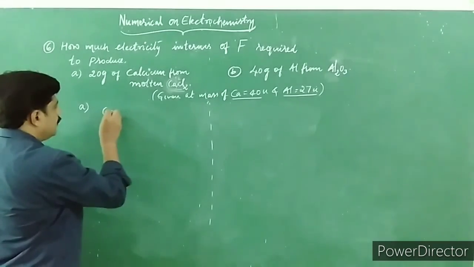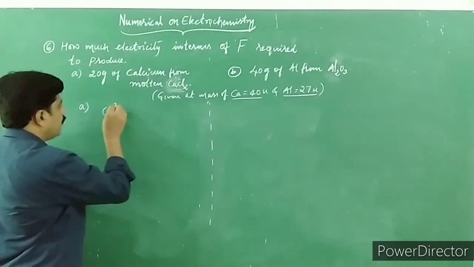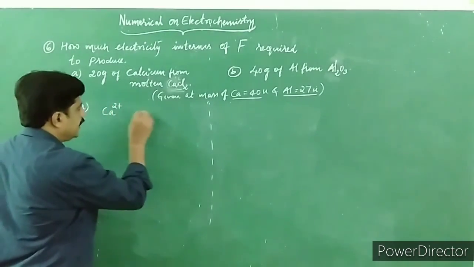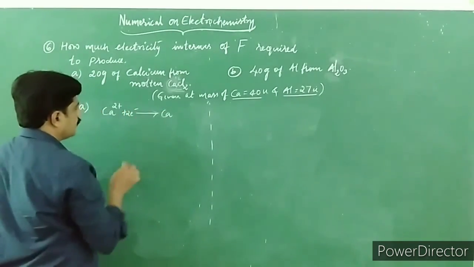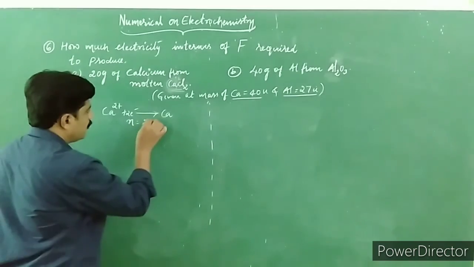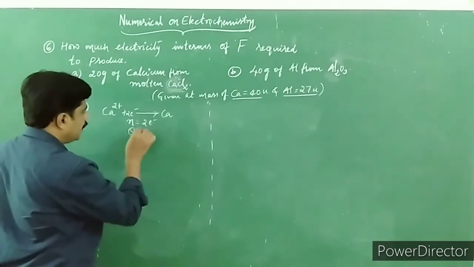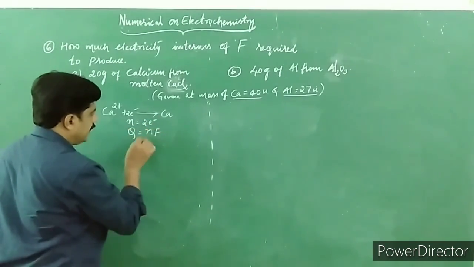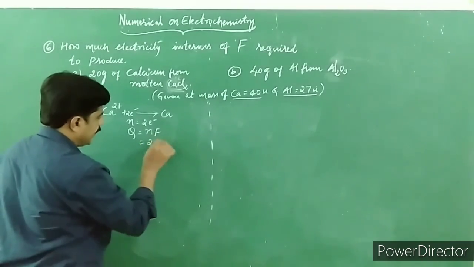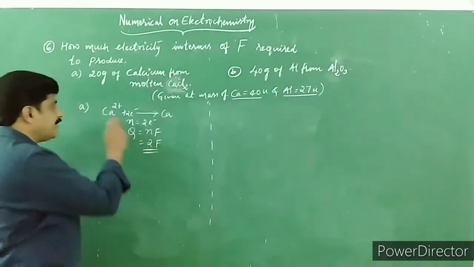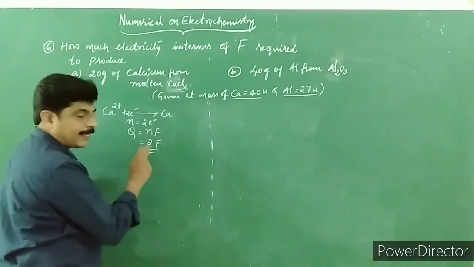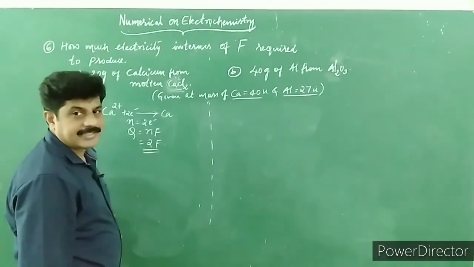Look at here. For the reduction of 1 mole of calcium ions into calcium, you require 2 moles of electrons. That means N is equal to 2 moles of electrons. And you know the formula, Q is equal to N into F, that is equal to 2 Faradays. For the reduction of 1 mole of calcium, you require 2 Faradays of electricity.